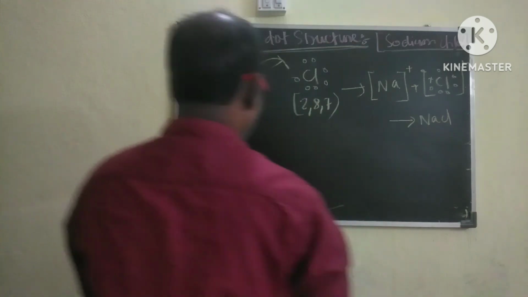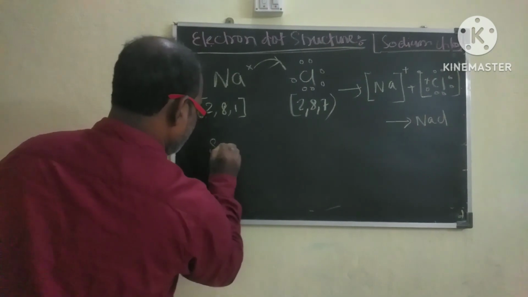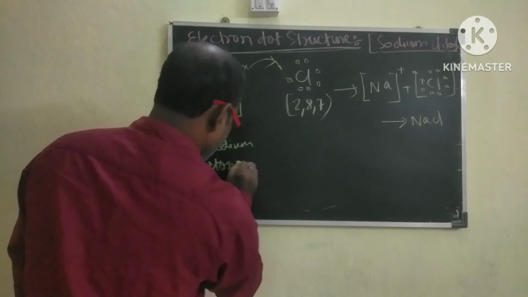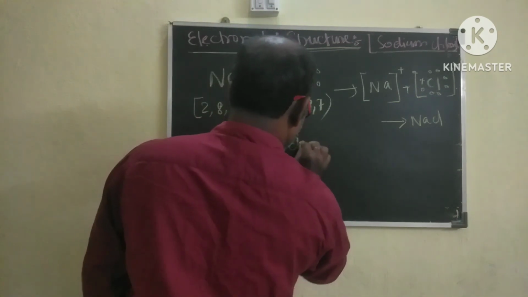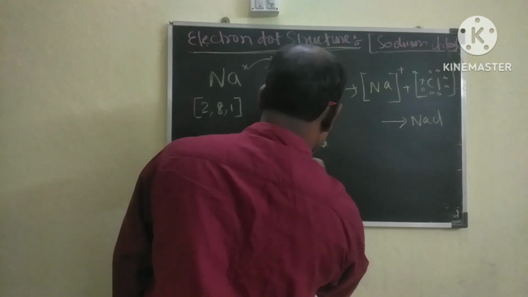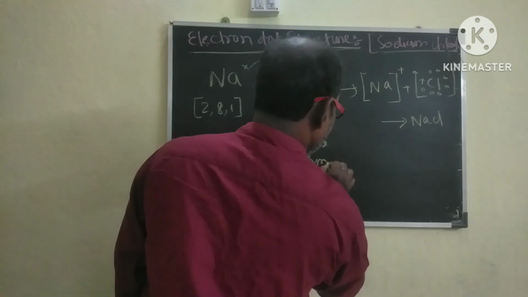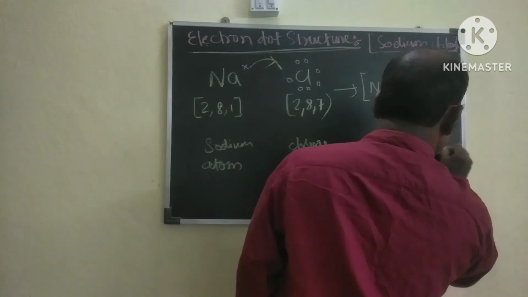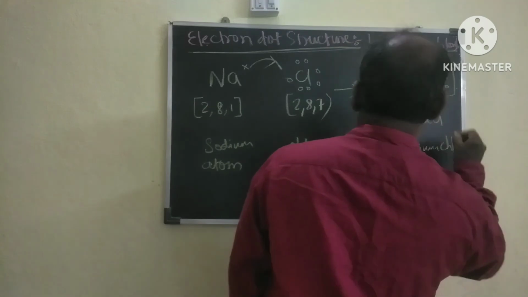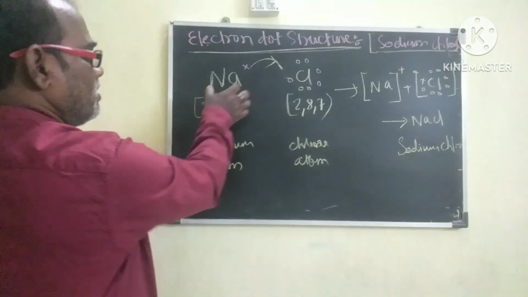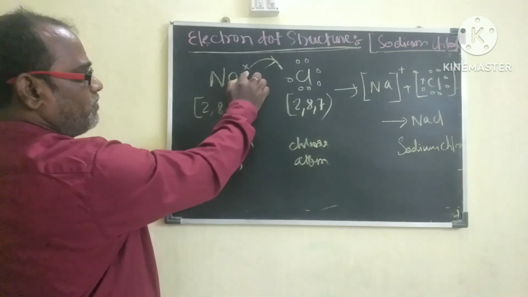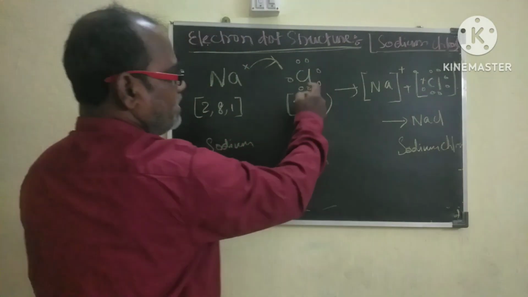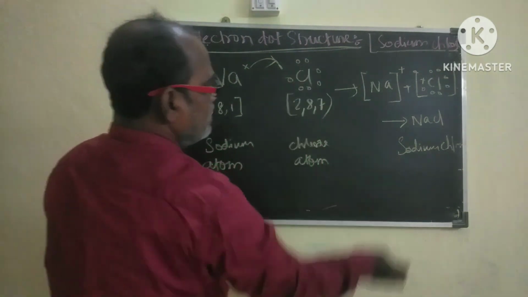Here it is the sodium atom. See here, the valence electron of sodium is represented with a cross. The valence electrons of Cl have been represented with small circles. So we have 7.